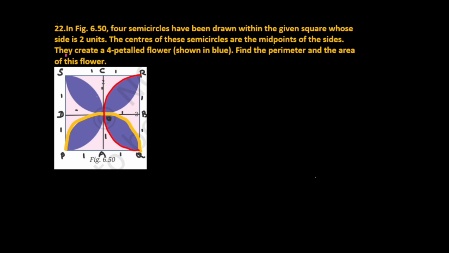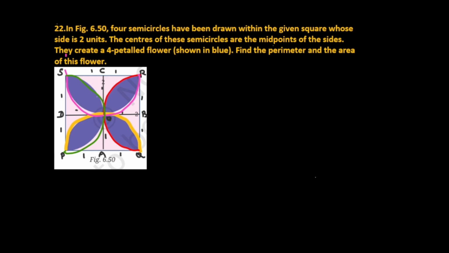Then, based on SR, this is another semicircle, the third semicircle. Then, based on PS, we can see the fourth semicircle. So, 4 semicircles cover all the 4 petals.